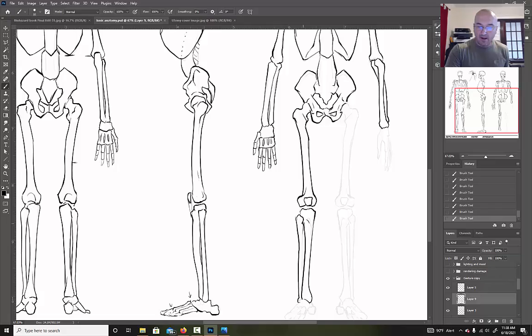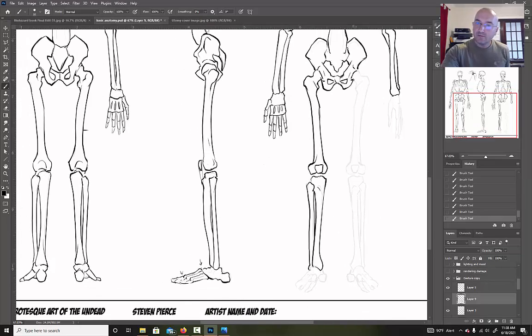I do that every time. Again, this is the femur, kneecap, tibia. See there, I got it that time.